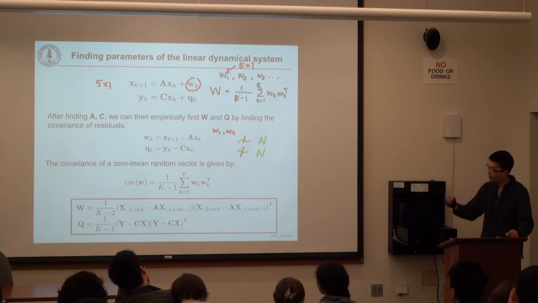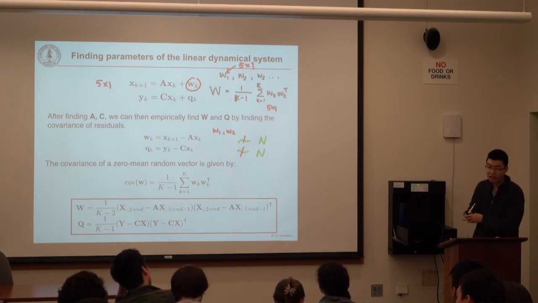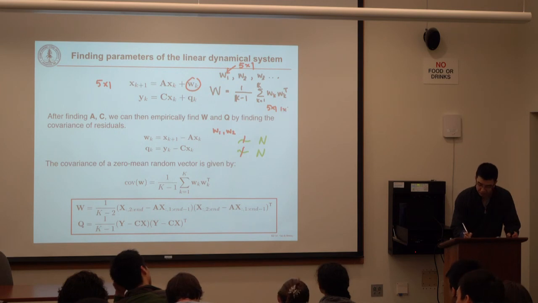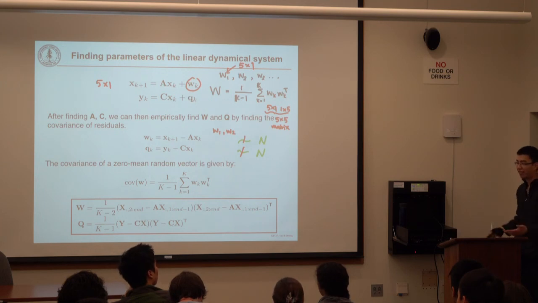And because they're 5x1 vectors, when I do this, this is a 5x1 vector, and then this next term here is transposed, so this is 1x5. And so this sum here becomes a 5x5 matrix. And so basically, you're just summing 5x5 matrices and then normalizing them.